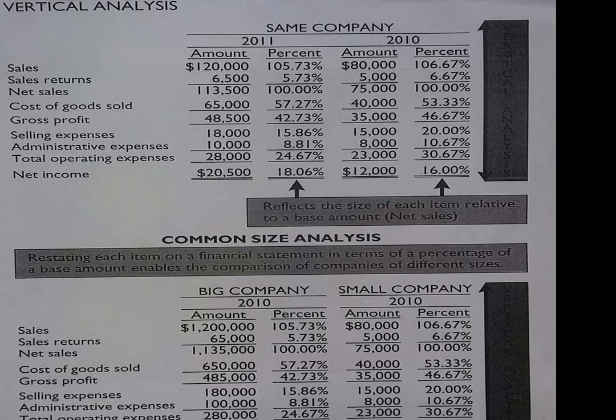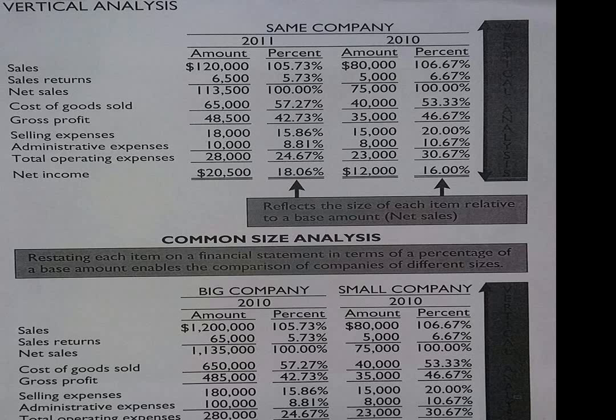Look at this example. For the same company, we have 2011 and 2010. As you see, this is an income statement. We have sales minus sales returns. It gives us net sales, and the cost of goods sold, we deduct it from net sales. It gives me gross profit.